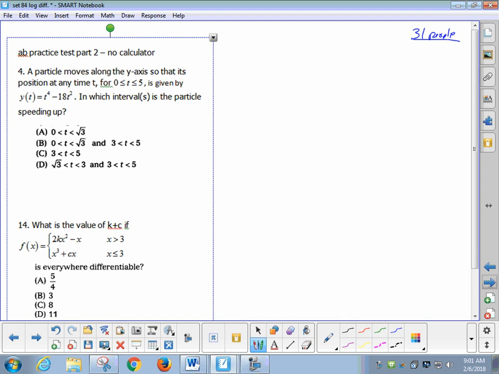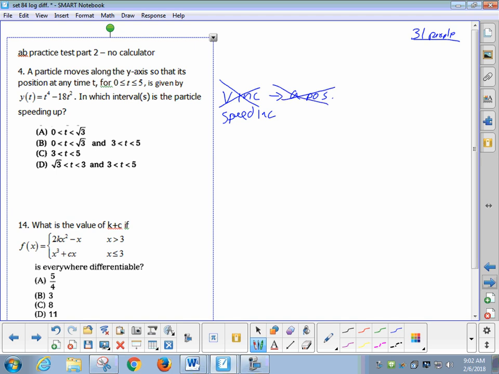I understand that if you say speeding up, that means velocity increasing, acceleration positive. Unfortunately, it doesn't say where is velocity increasing. It says when is it speeding up. And that means not velocity increasing, but speed increasing. And so you do not just look at acceleration.